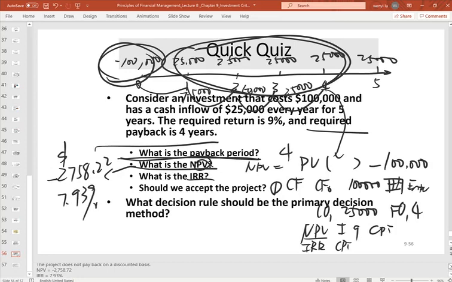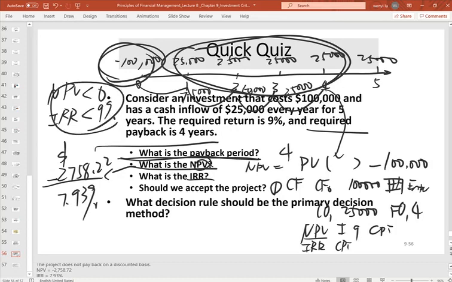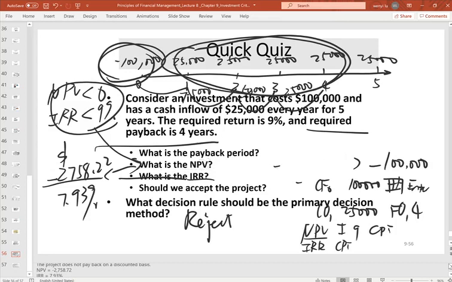So the NPV is negative, and the IRR is less than the cost of capital, less than the required rate of return. So both techniques indicate we should reject this project. Only the payback period is just okay.